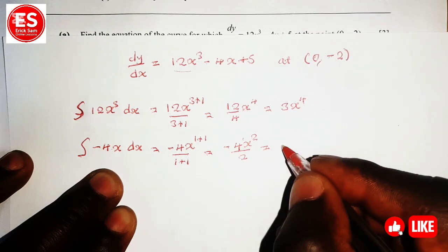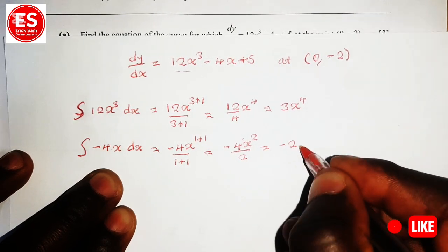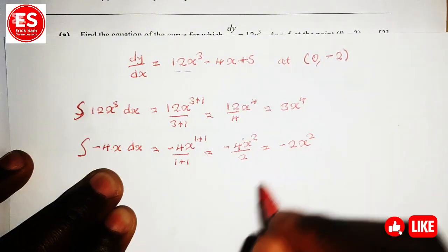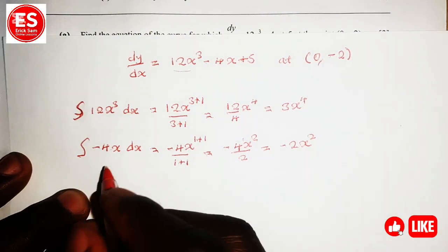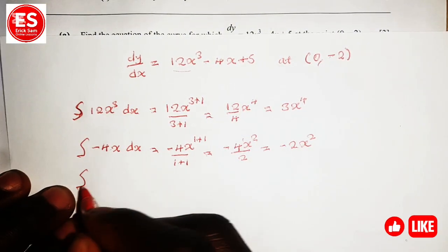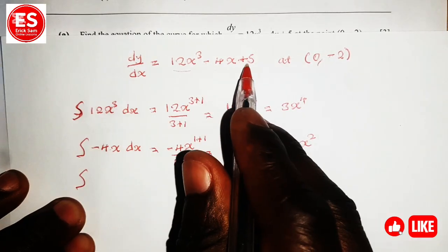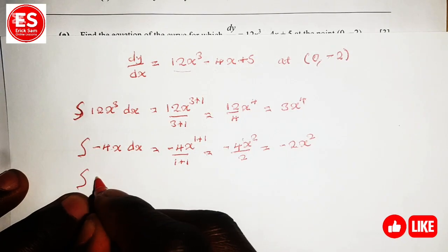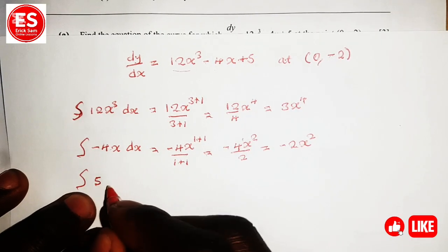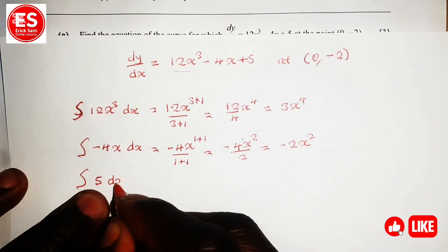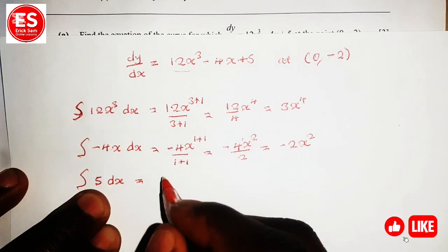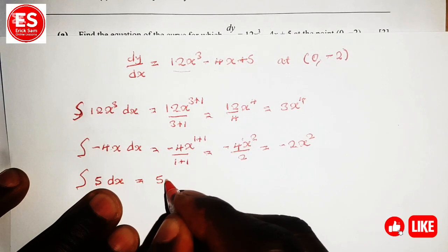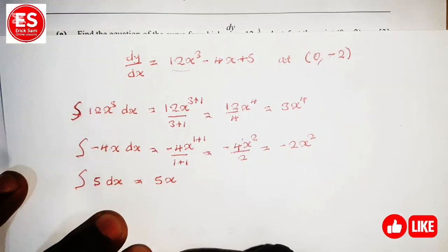When you simplify that, you have -2x^2. Then the other part is 5. When you're integrating a constant, the integral of 5 dx is 5x. You just add the x there.